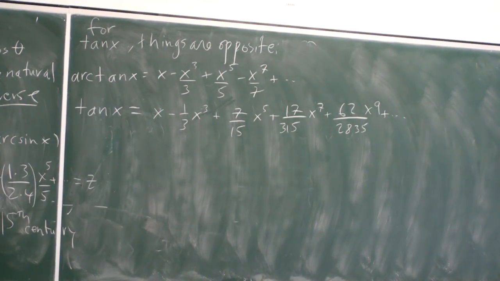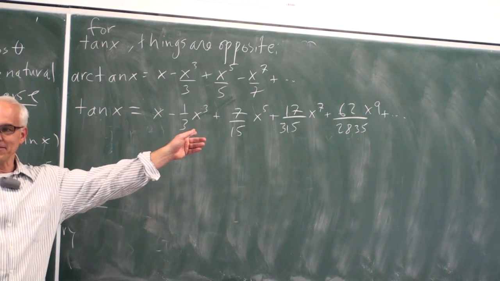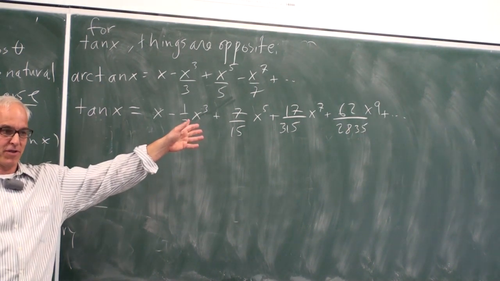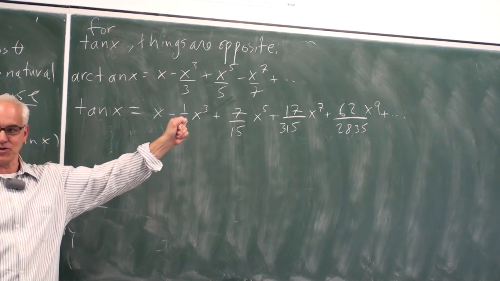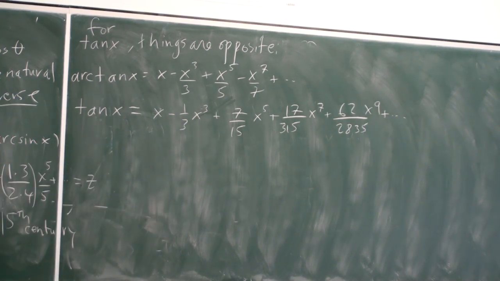Certainly not clear what the pattern is. In fact, it's not so easy to give a direct formula for the coefficients here for the tan Taylor series. There's a recursive aspect and a geometrical interpretation of the coefficients, but a direct formula of this nature we don't have.